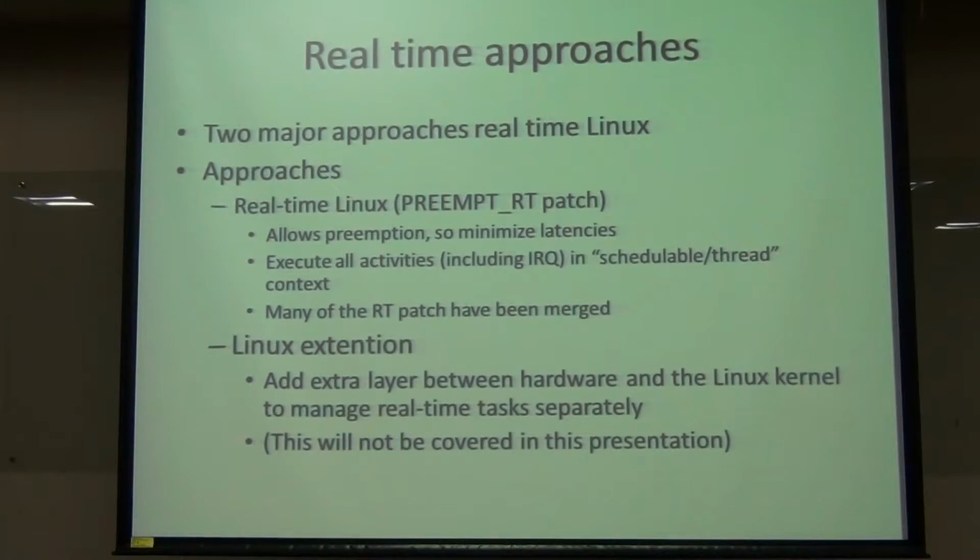The other one is known as the Linux extension approach, such as Xenomai, RTLinux or Adeos, which have an extension between the hardware and your Linux, and then you run your Linux as part of that extension.